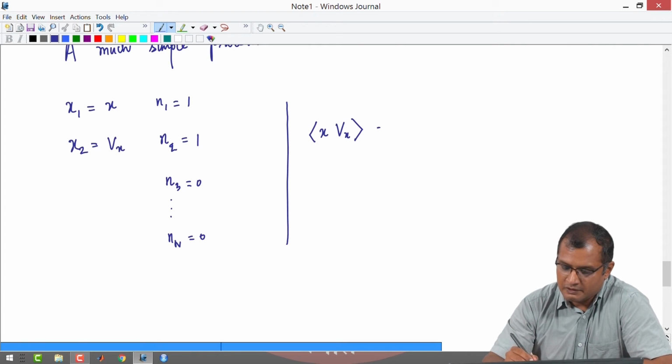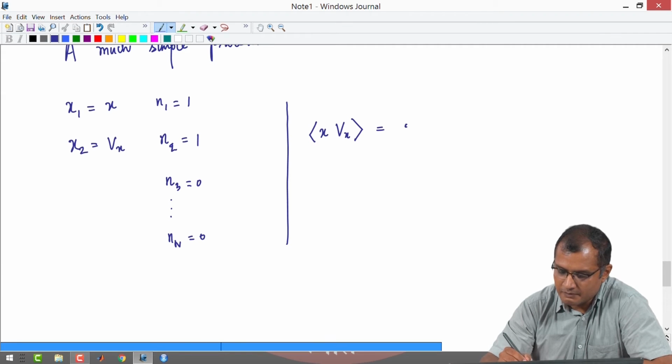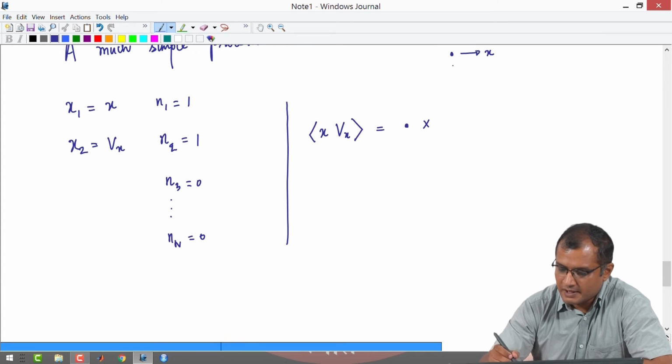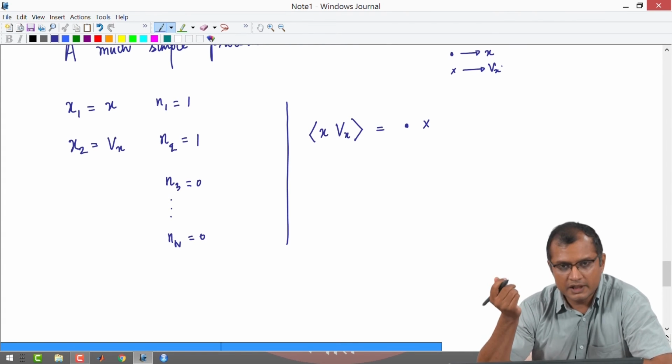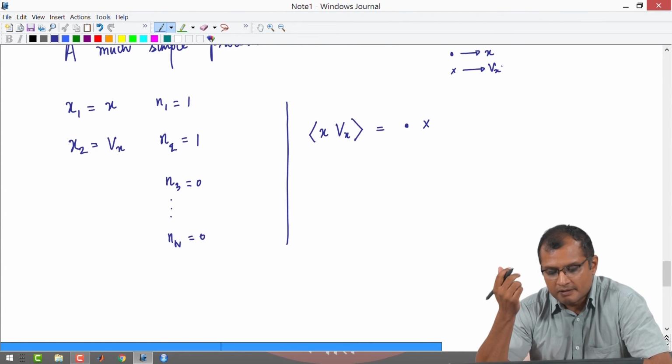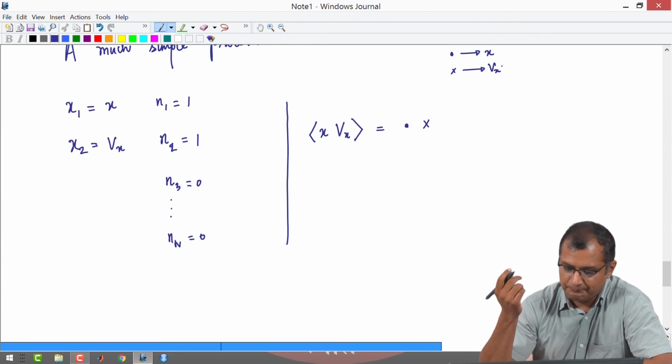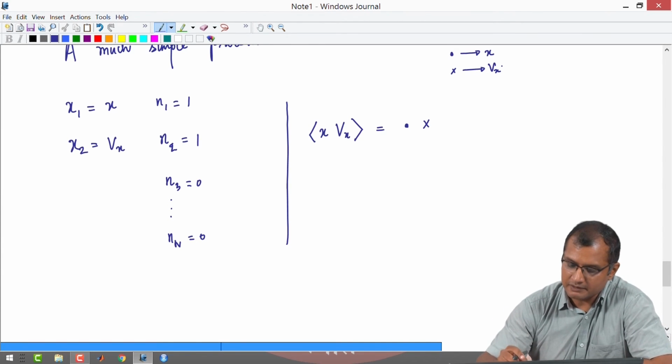Now these are two variables, so I am going to use different symbols. I am going to use a dot and a cross. Dot is for positions, and a cross represents velocity, like we did for the single random variable moments. Now I can write this in two ways.